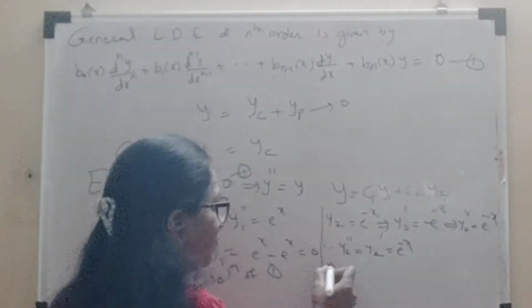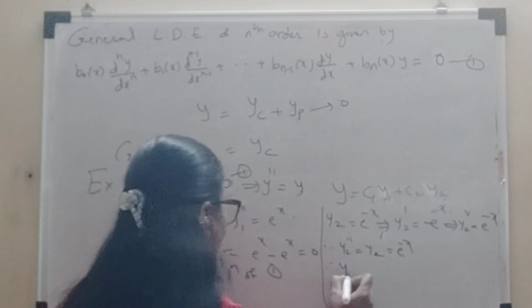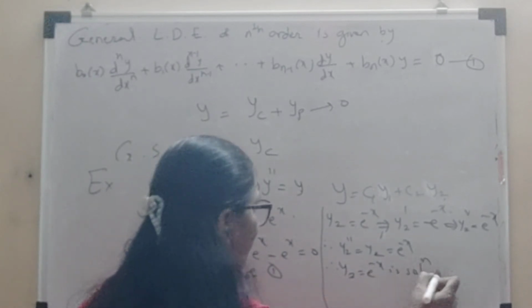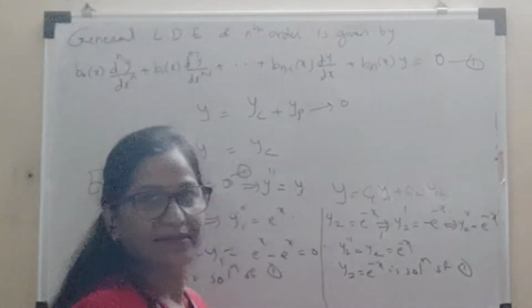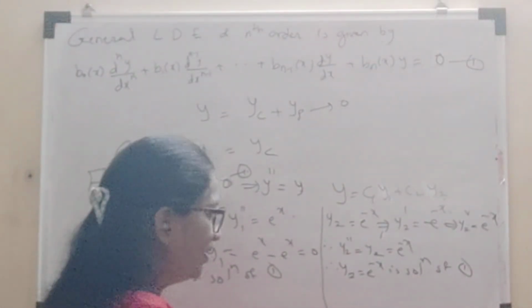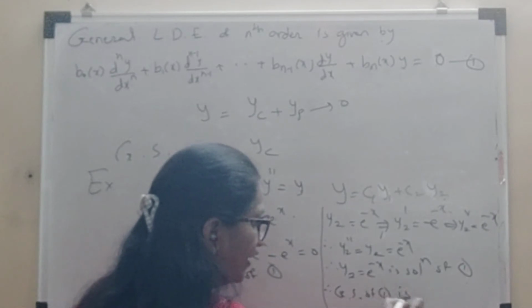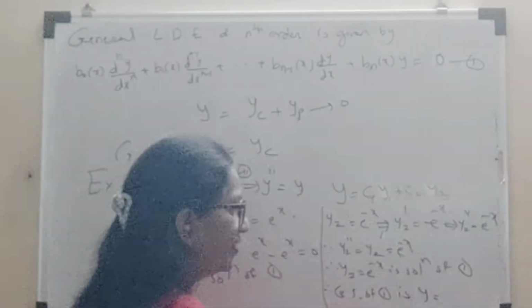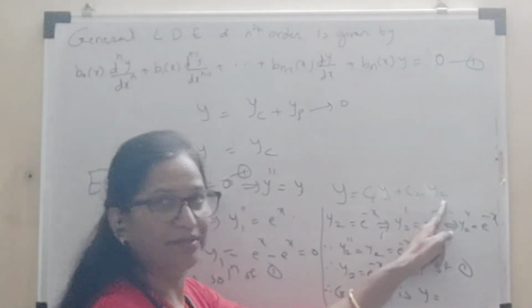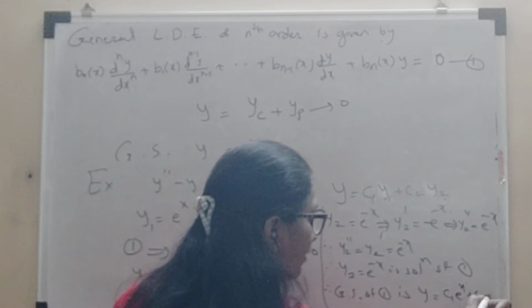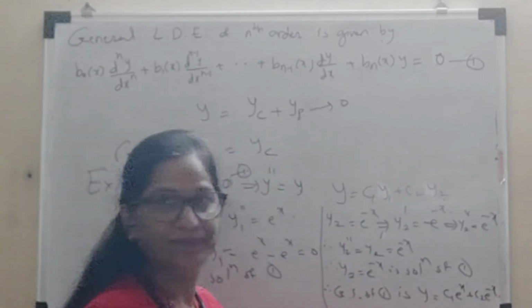So therefore y2 is equal to e raised to minus x is a solution of 1. Okay, we get both solutions. So therefore the general solution of 1 is y is equal to c1 y1 plus c2 y2, so c1 into e raised to x plus c2 into e raised to minus x.